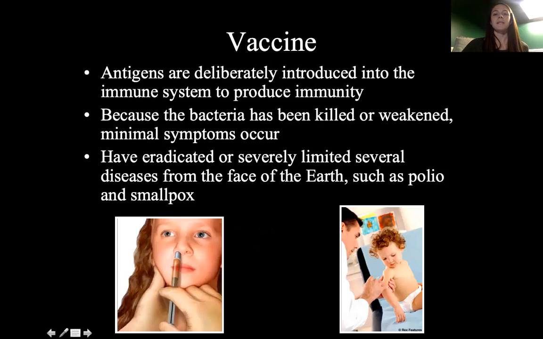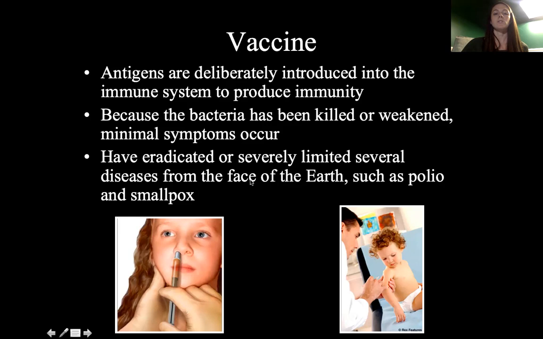We deliberately expose an individual to some sort of pathogen that's either been killed, so it's not going to actually cause disease, or been weakened enough to not actually cause disease, but your body still launches an immune response and produces these antibodies, so that if you do come in contact with that specific pathogen, your body already has a really good defense system built up to fight it.